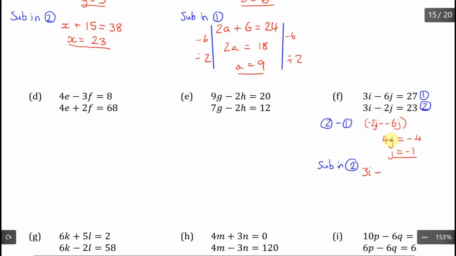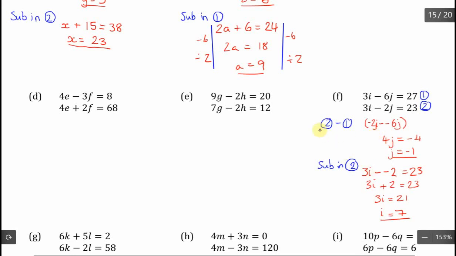Now, 2 lots of negative 1 are negative 2. So this is 3i plus 2 is equal to 23. So 3i must be equal to 21. So i must be 7. So just watch out for negatives. They can cause you to go wrong here.